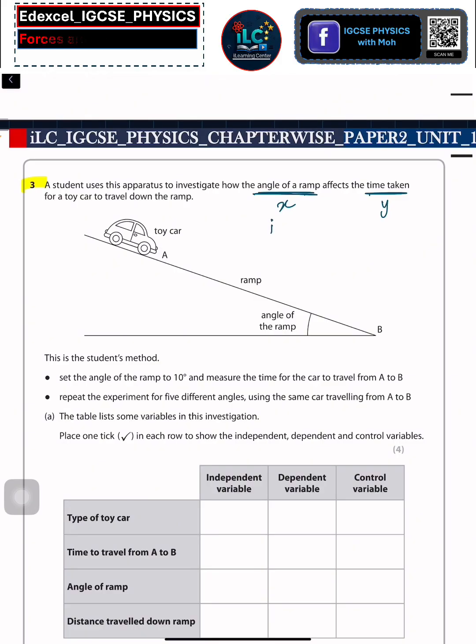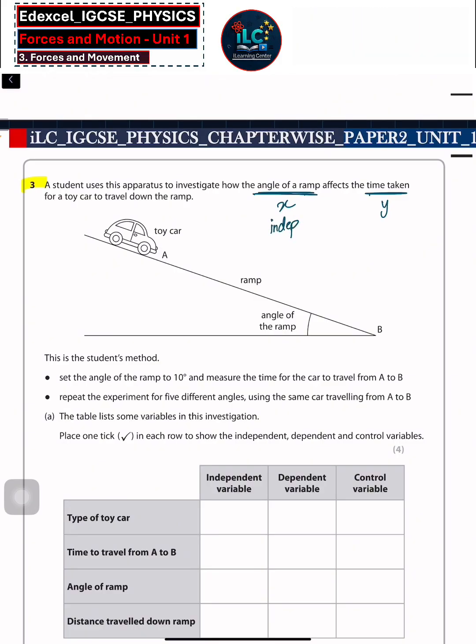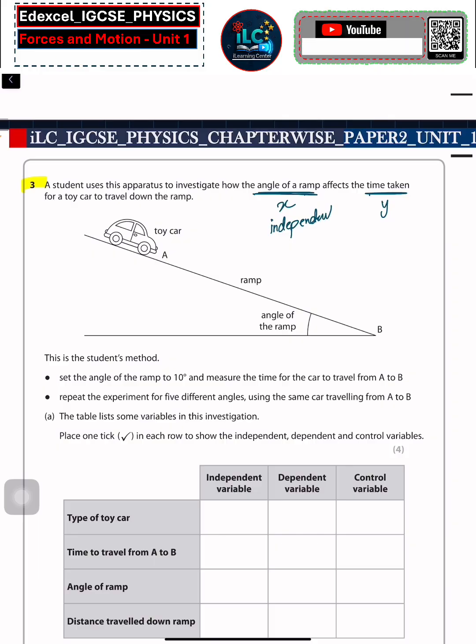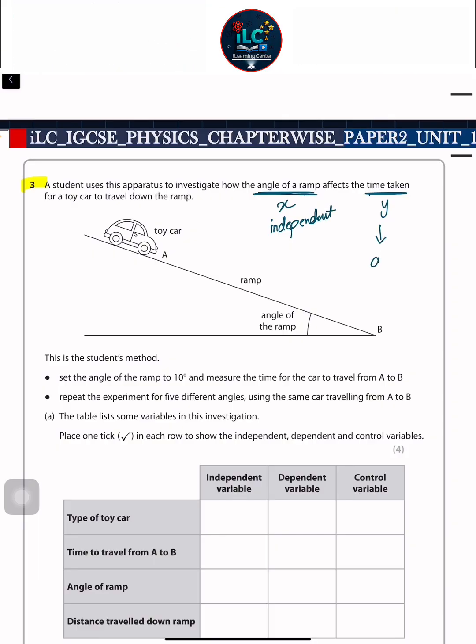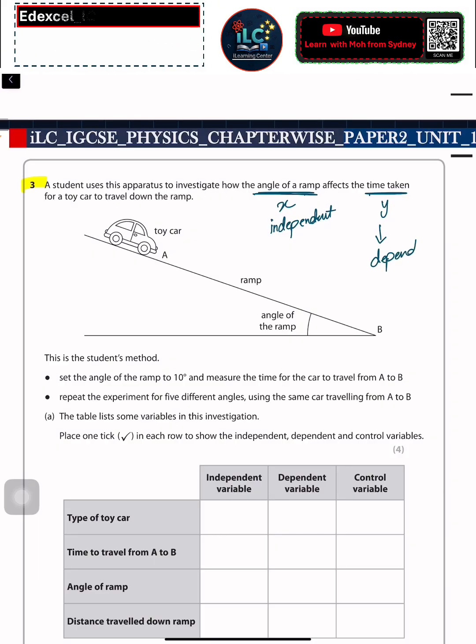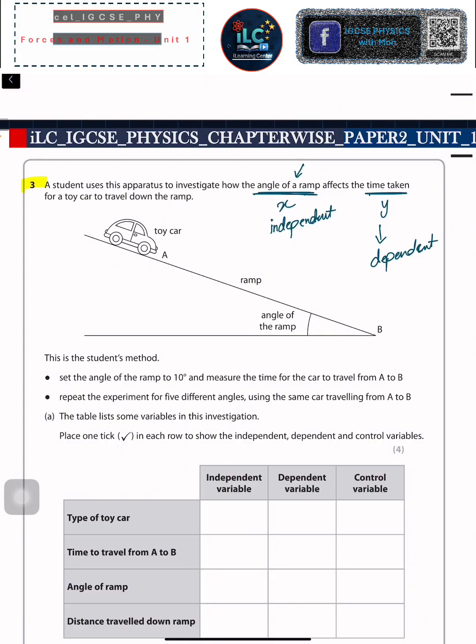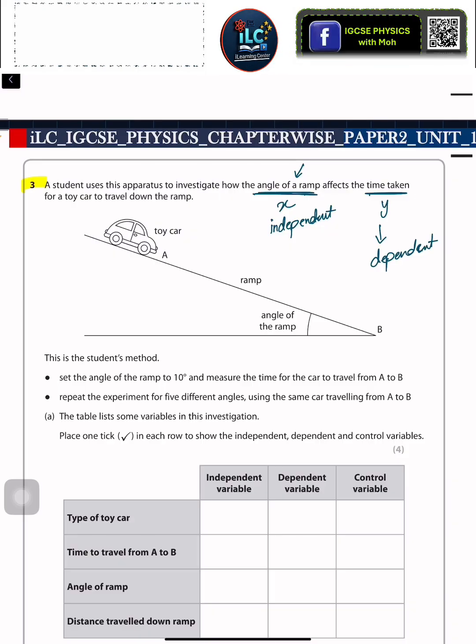And also, x is always independent. That's what we meant by x, and y is always dependent. So this is the case, but then again, you need to use your logic as well. Of course, the angle of ramp will fluctuate, will have an effect.